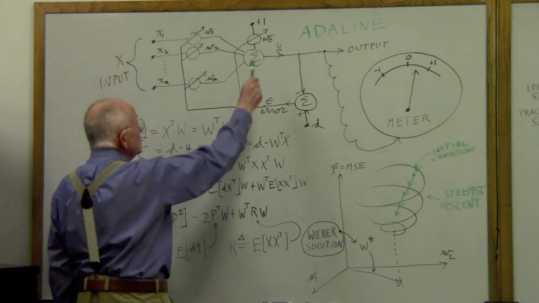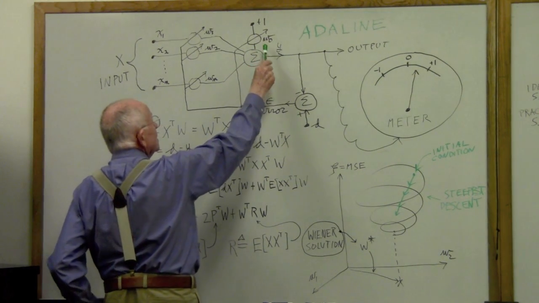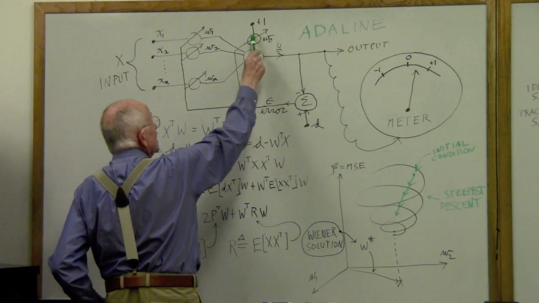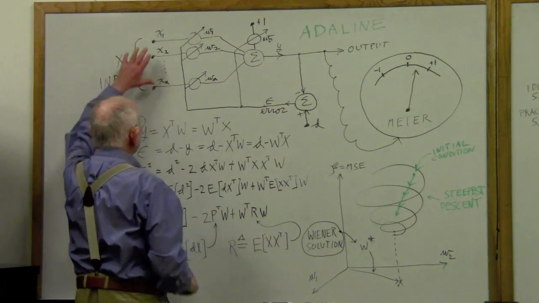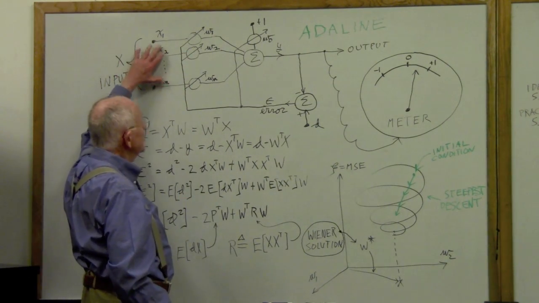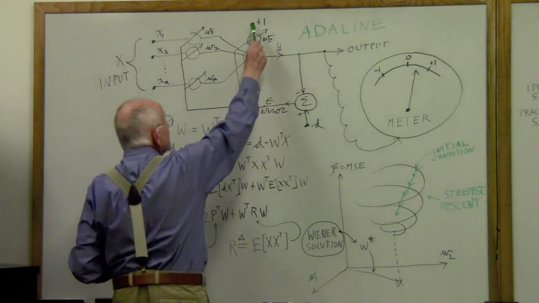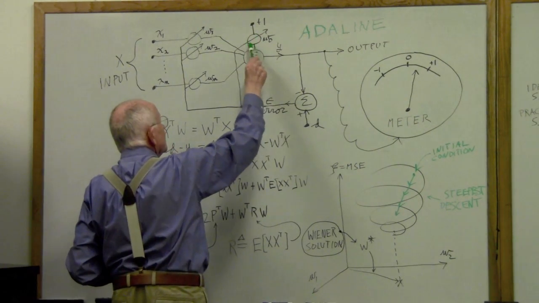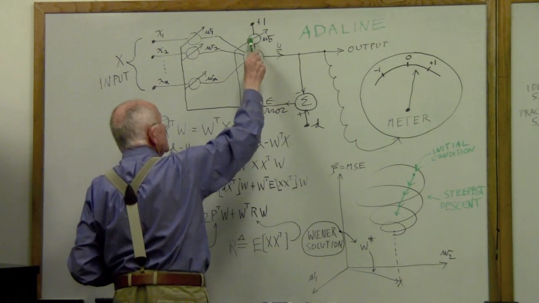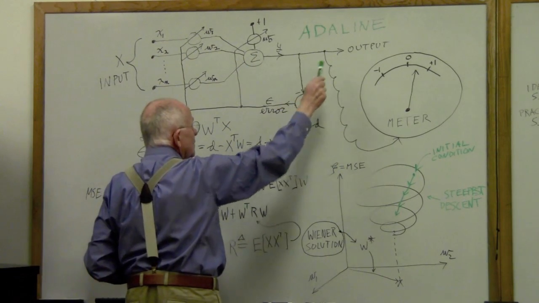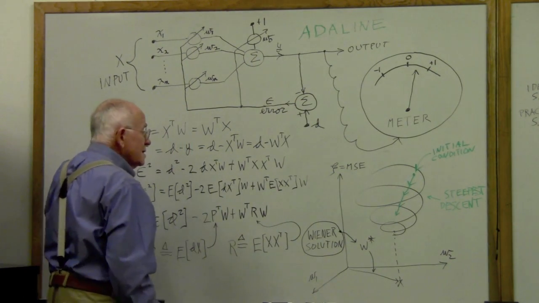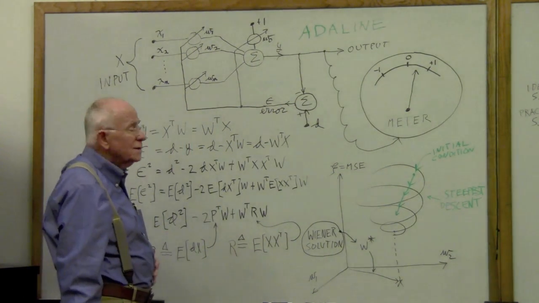Now there's a special weight called the bias weight. That's w sub 0. Its input is always +1. The inputs here change from input pattern to input pattern, but the input to this weight never changes. The coefficient here determines a bias that you're adding into the sum, and that will give you the possibility of having a bias in the output if you need it.